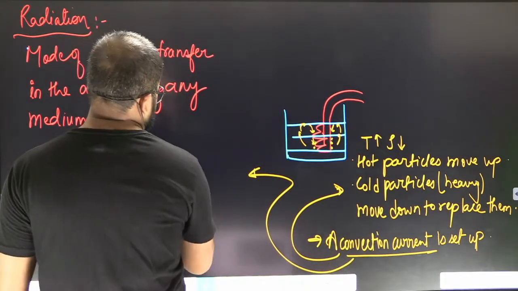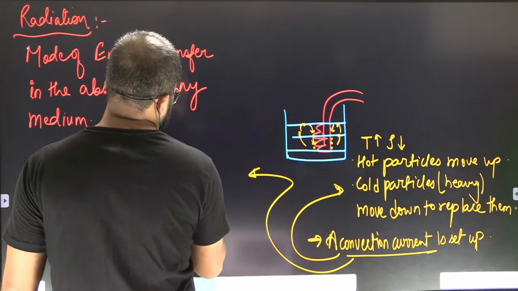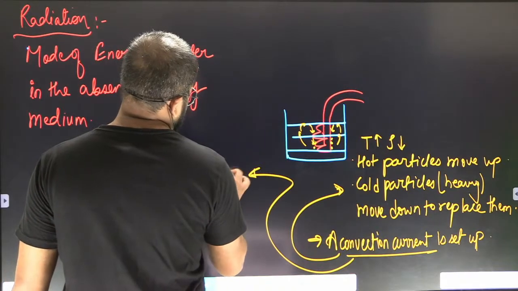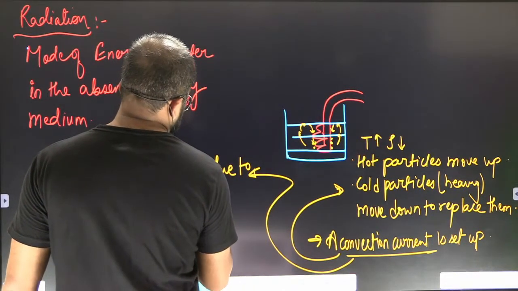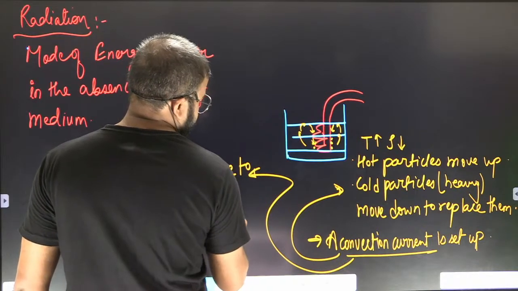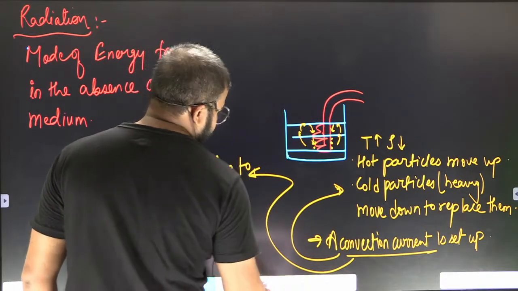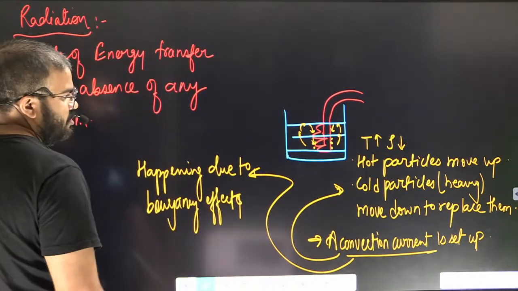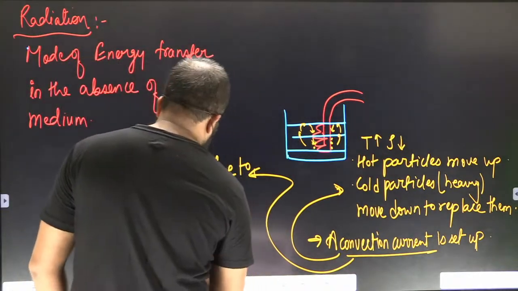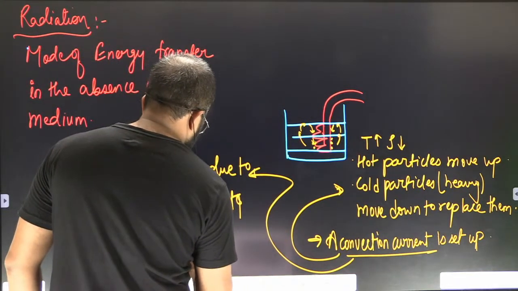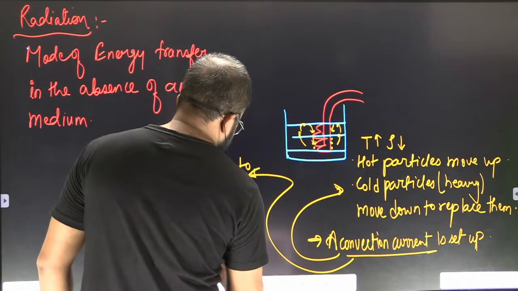And this convection current is happening due to buoyancy effects. Am I right? Yes, it is happening due to buoyancy effects, or density differences. Am I clear? Density differences.